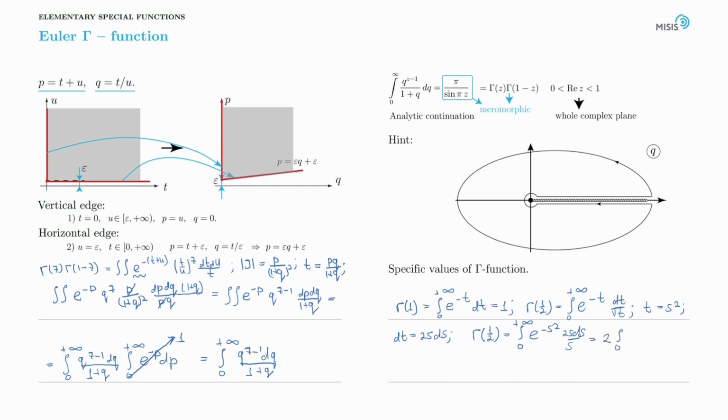So we have just a doubled Gaussian integral. So the integral, as you remember, is equal to square root of pi by 2. And the final result for the gamma function of 1/2 is just square root of pi.